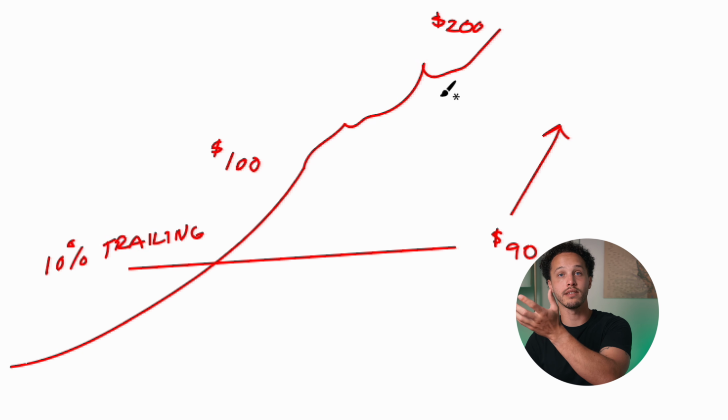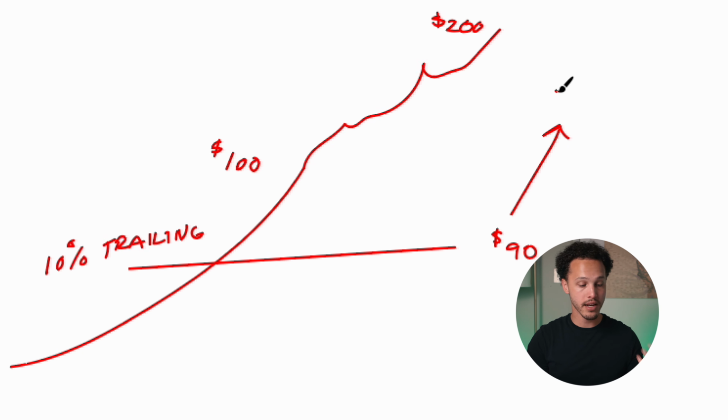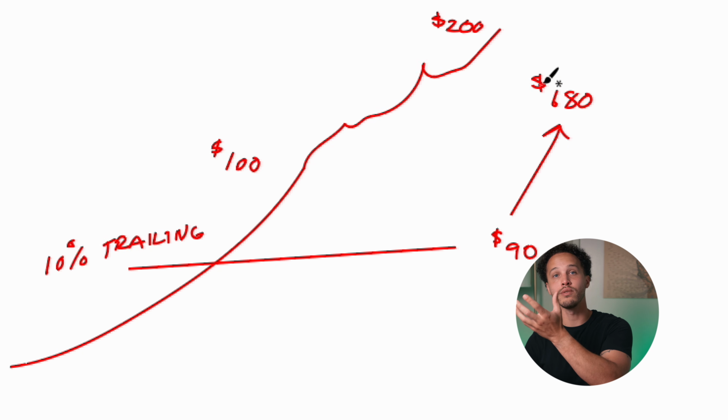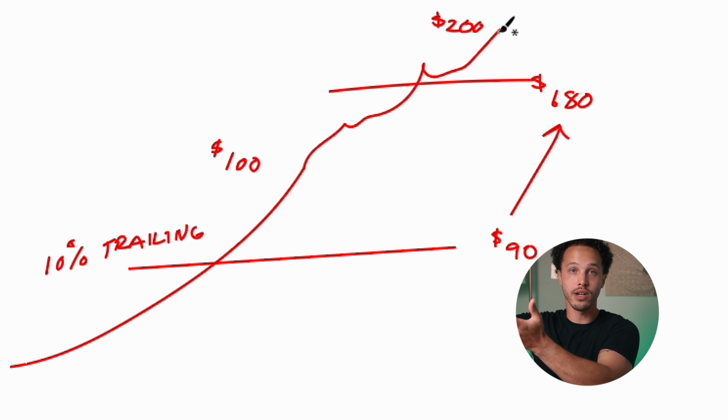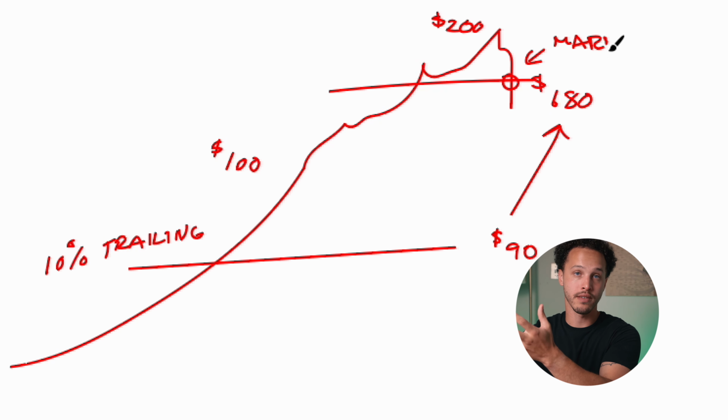So by the time it gets up to $200, instead of it being at $90 like it was in the beginning, it's going to rise all the way up to $180, which is 10% below 200. If that stock hits 200 and then it goes down and it hits that 180 stop price, that's going to turn into a market order and it's going to execute immediately at the best available price.